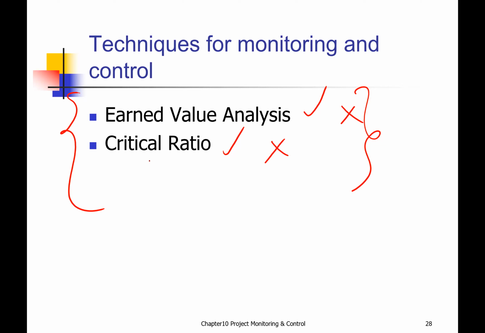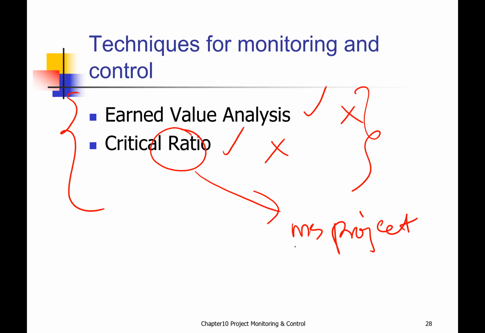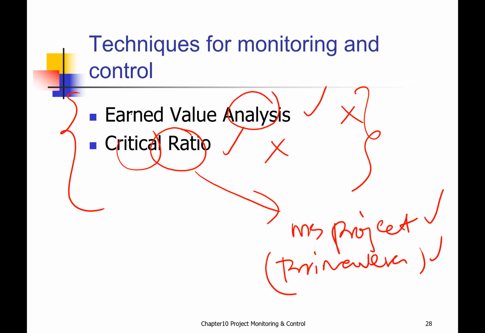But the earned value or critical ratio can be found in MS Project and in Primavera as well. Once you update your work, the data will be automatically generated, so you can see all these values. But I do not want to go into that.